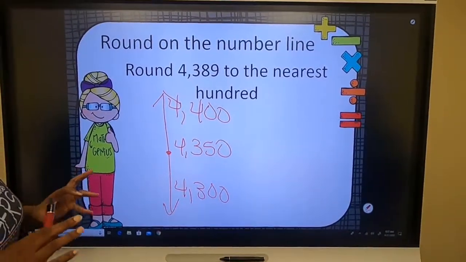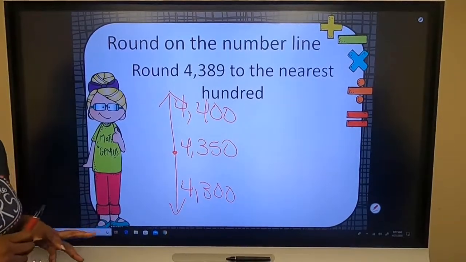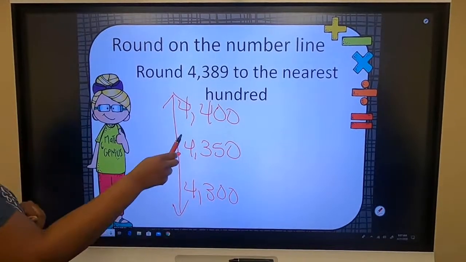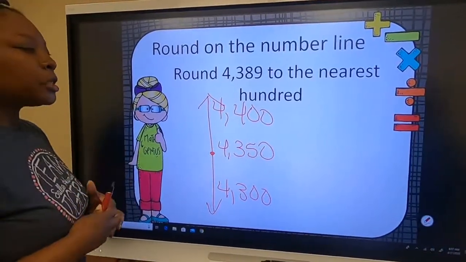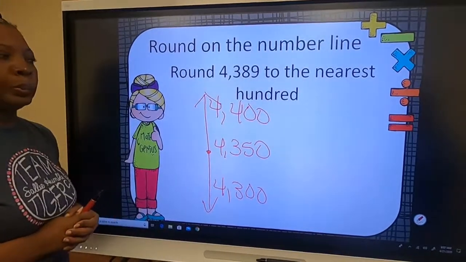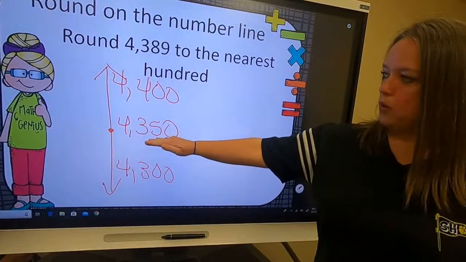Now we have to figure out where we're going to place 4,389 on the number line. Do you think it's between 4,300 and 4,350? Or is it between 4,350 and 4,400? Well, I know that 389 would not be before 350.